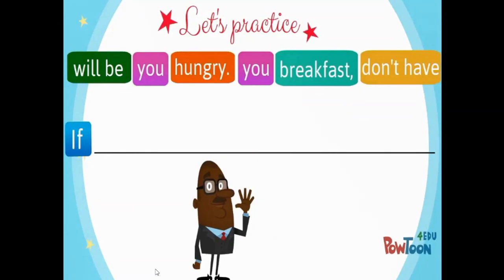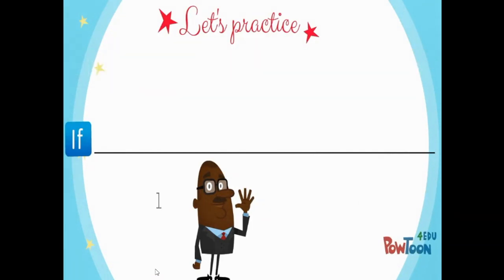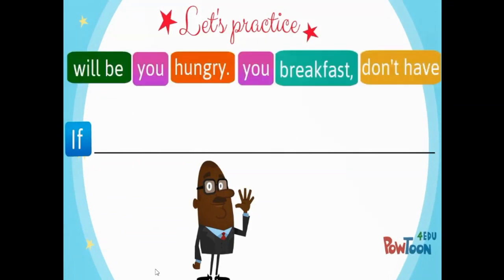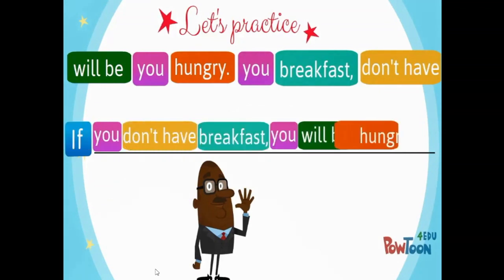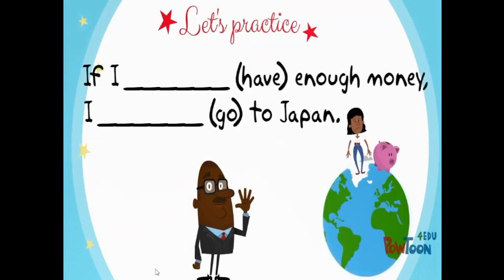Let's try to form a conditional sentence. You will have 5 seconds to think of the answer. 5, 4, 3, 2, 1. The answer is, if you don't have breakfast, you will be hungry. 1 more to go.